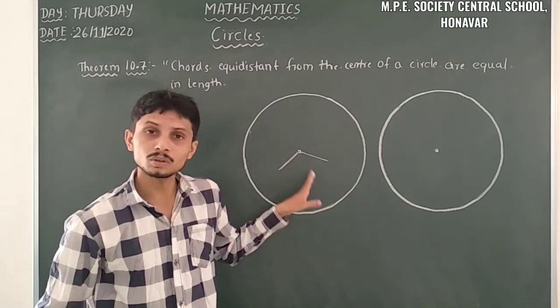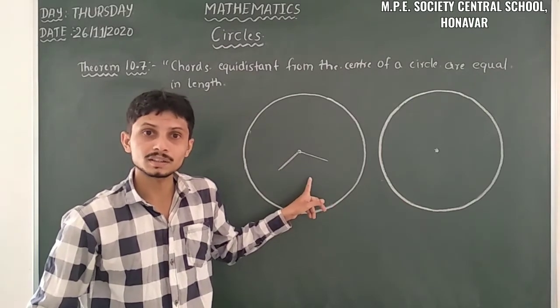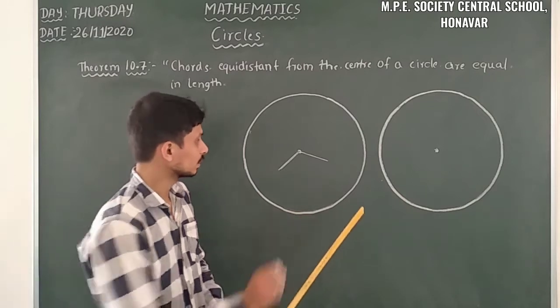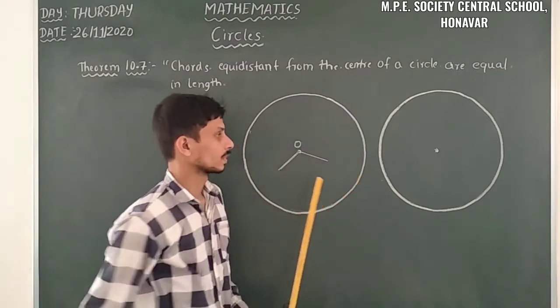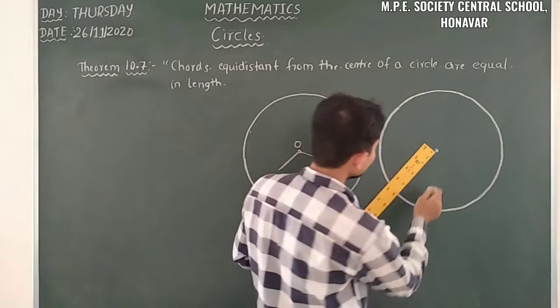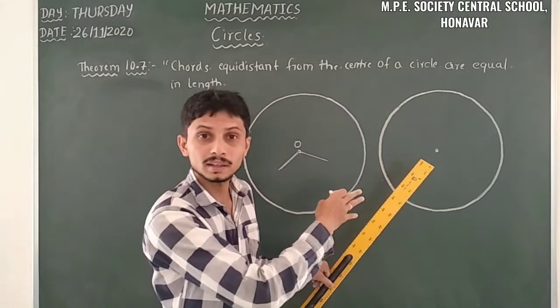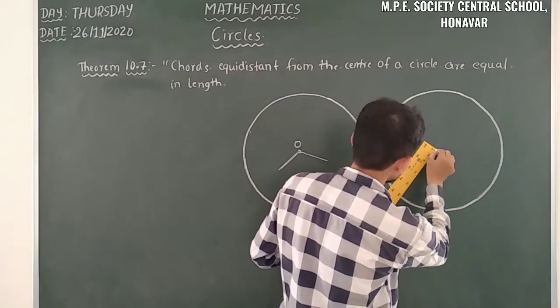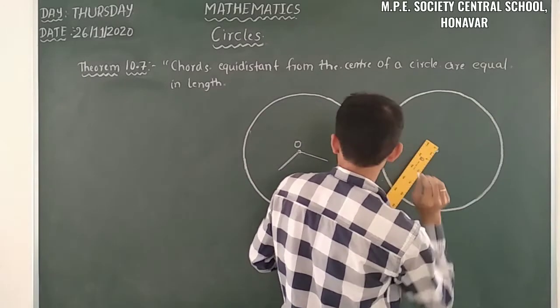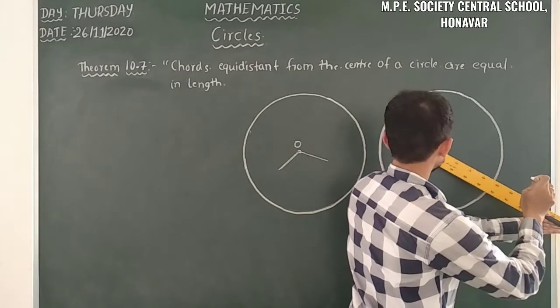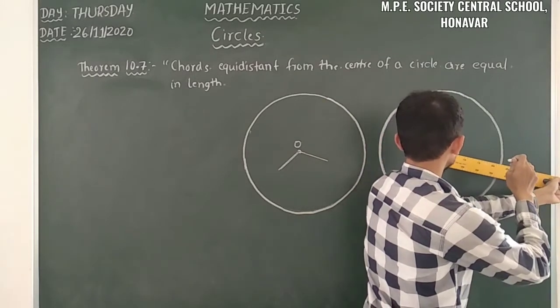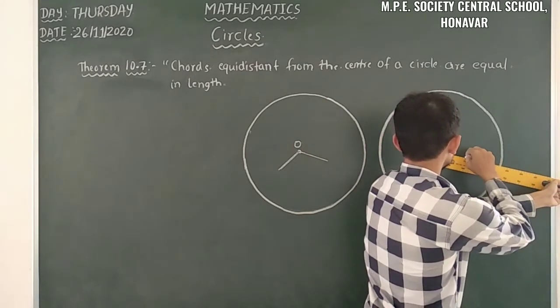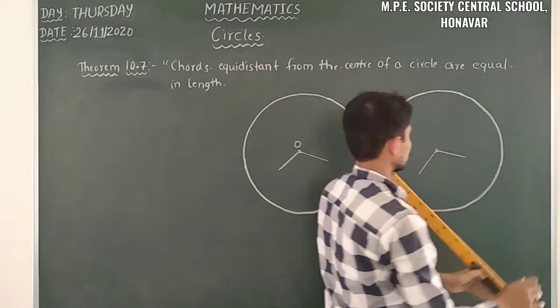You are not stuck with my length; 10 centimeters is only an option. That is O. And here also I will write the same. These two circles have the same radius, so here I will take the same length, 10 centimeters, and here also 10 centimeters.